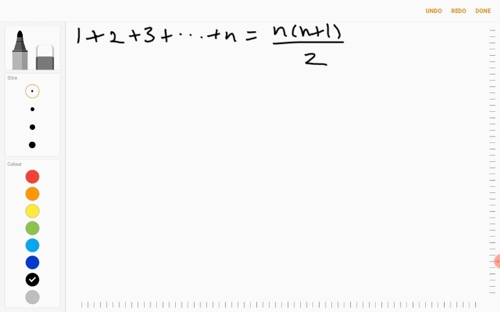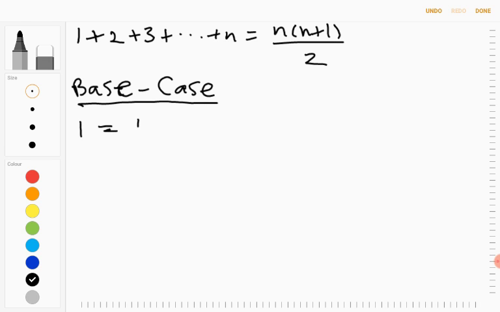So the base case, which is the basis of induction, is we write, so you can write base case. And the base case is essentially that 1 is equal to 1, because n is equal to 1, times 1 plus 1 divided by 2.